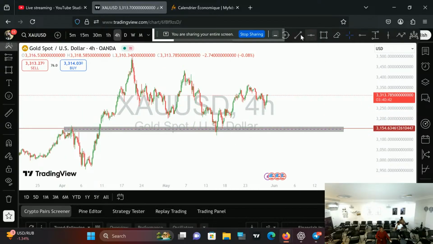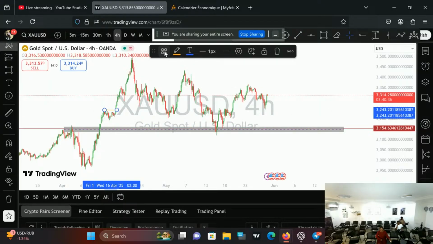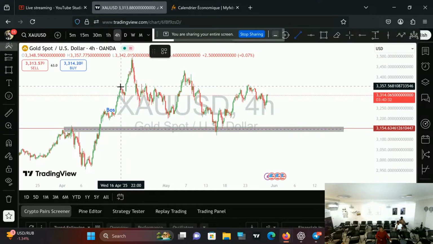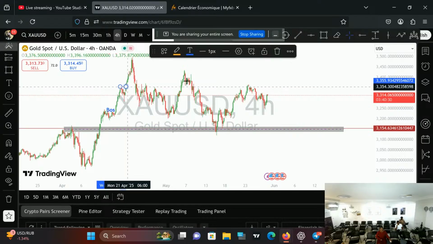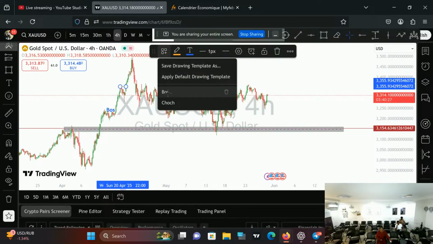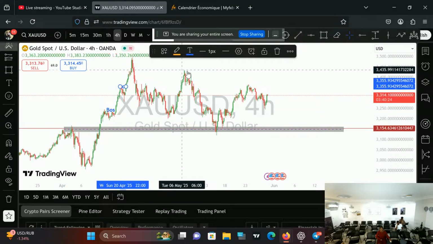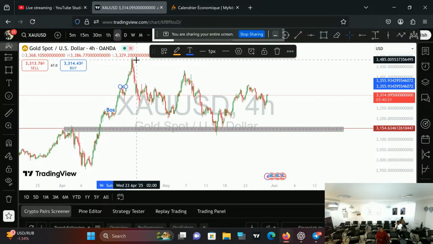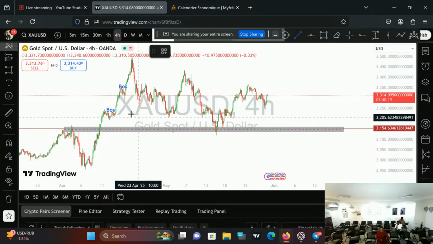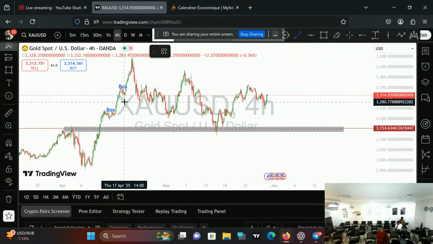Then I think here we have a break, you have a break there, another break here, and this price will not break its previous high. So what we have now is a change of character.